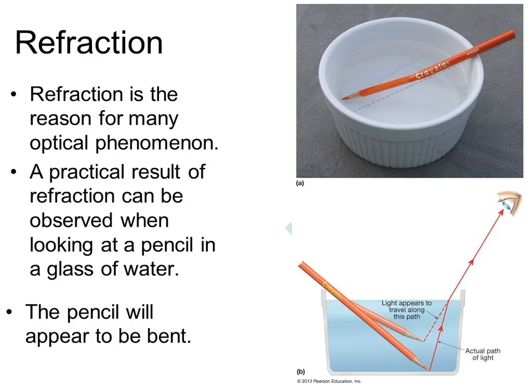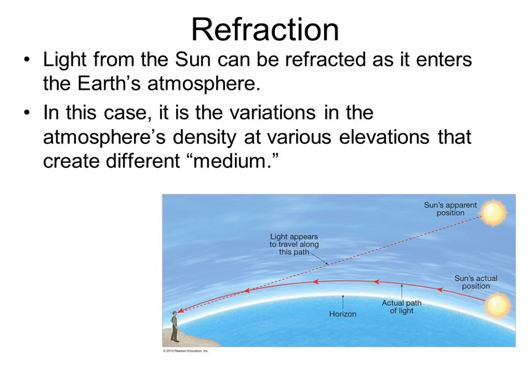It happens all the time. If you go swimming and put your feet in the water, it looks like your limbs are disjointed. So water refracts; light traveling from water to air will be refracted. And refraction is the bending of light.